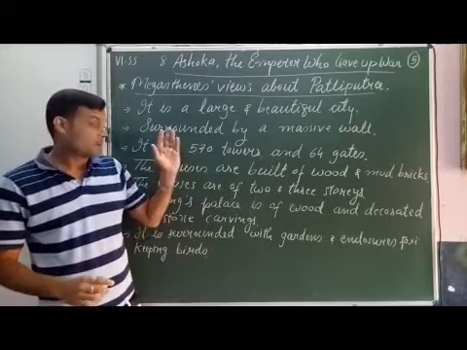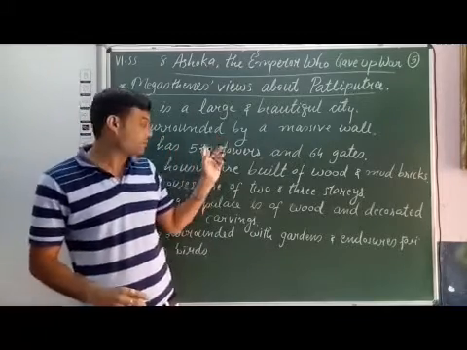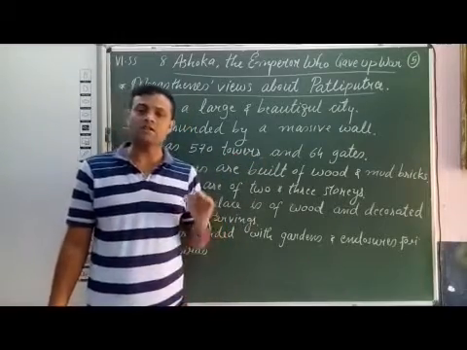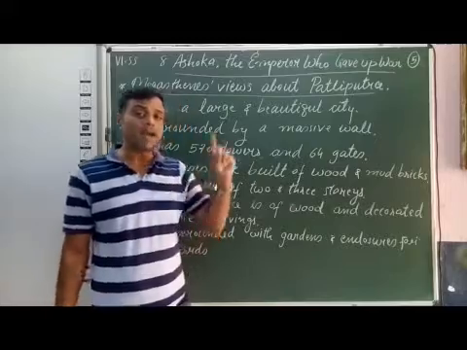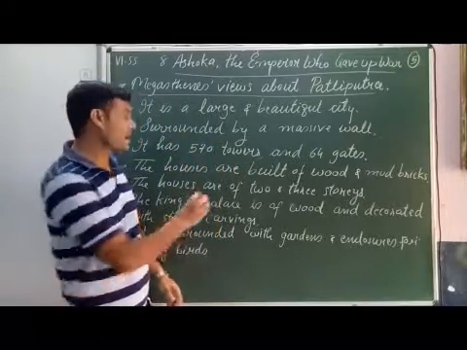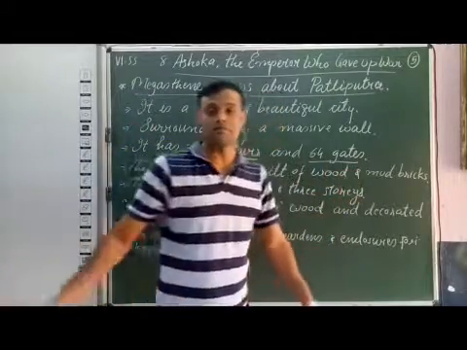Further he said Patliputra has 570 towers and 64 gates. A keen observation was made by Megasthenes.